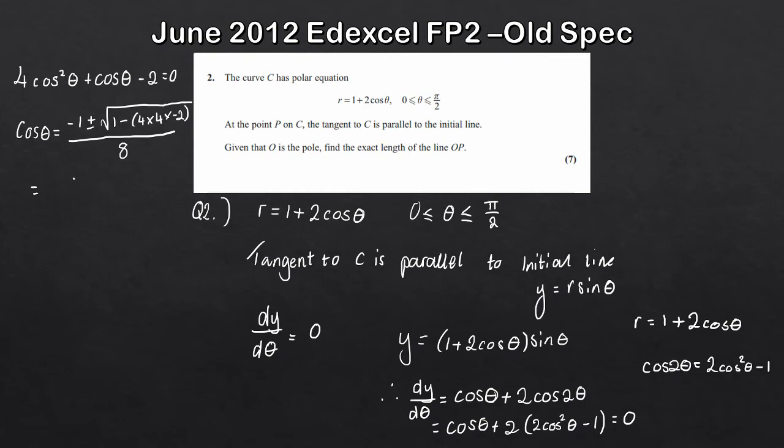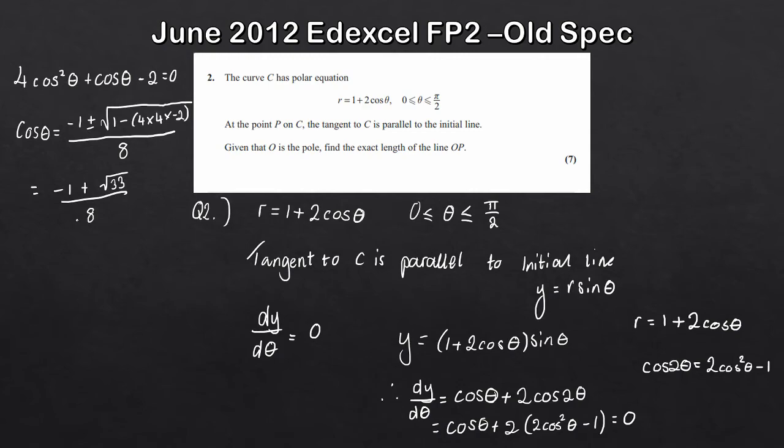Simplifying here, I just jumped straight to the last line of working. We can also omit the negative solution because we're working between 0 and pi over 2, so we only want the positive solution here, so it's minus 1 plus root 33 like so, divided by 8.